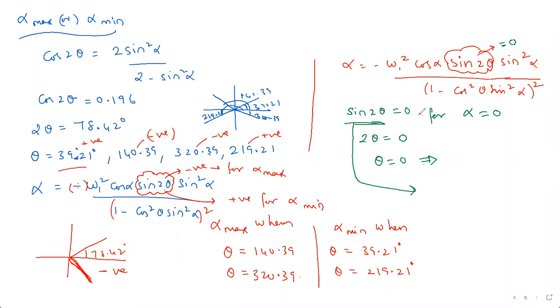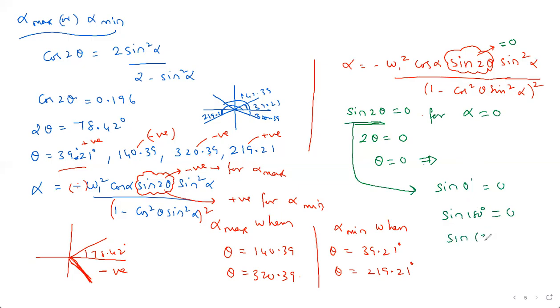Sine 0 degrees will be equal to 0, right? Put theta equal to 90, so sine 180 degrees also equals 0, right? Yes, and then you can put the next values, like 0, 180, then again you have 360 also, right?